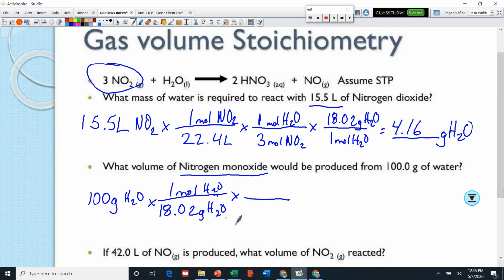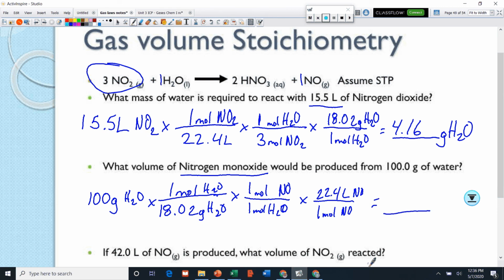Then for every 1 mole of H2O, we have a coefficient of 1 there and a coefficient of 1 there, so it's 1 mole of NO. And then we know that for every 1 mole of nitrogen monoxide gas, there is 22.4 liters of NO gas.